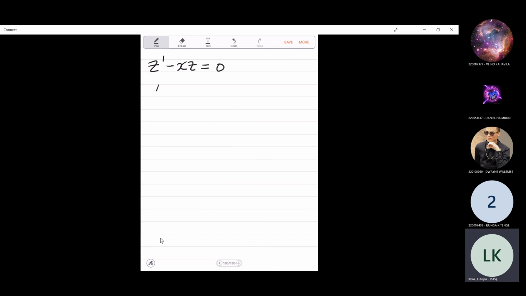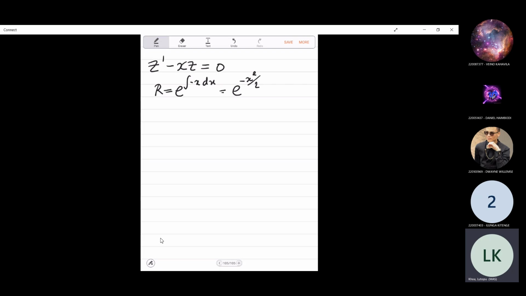Okay, then we need our integration factor. This is e integral of minus x dx, which is e to the power of minus x squared over 2, and multiply everything by the integration factor.